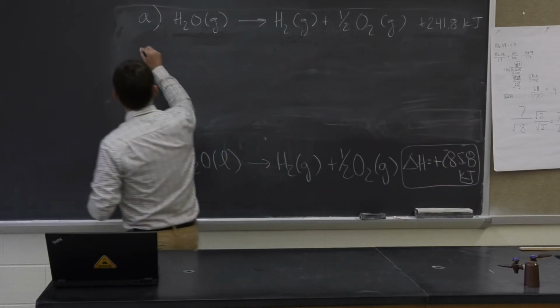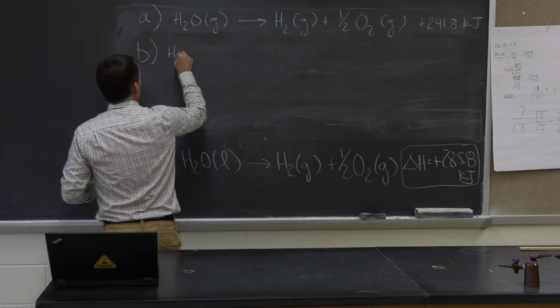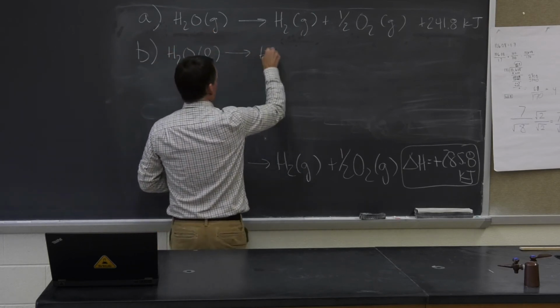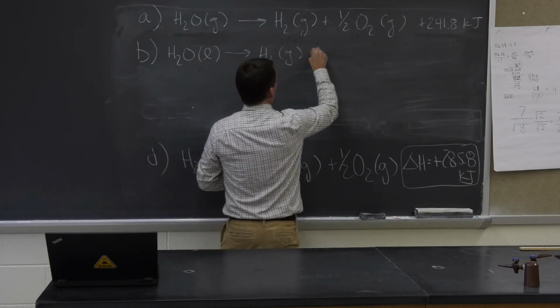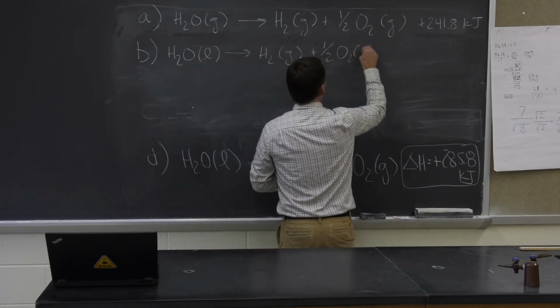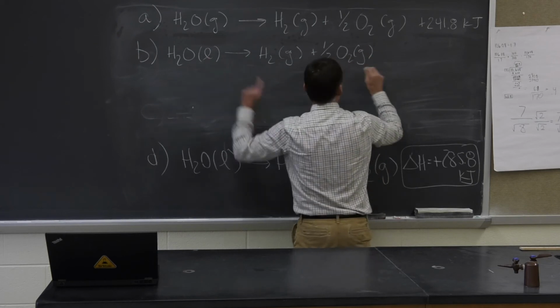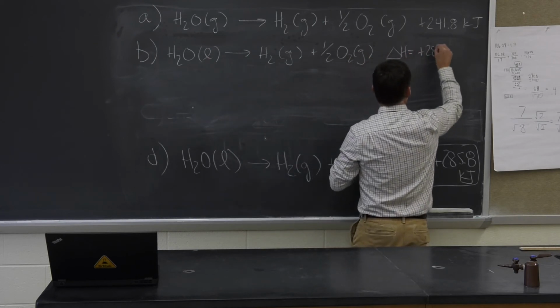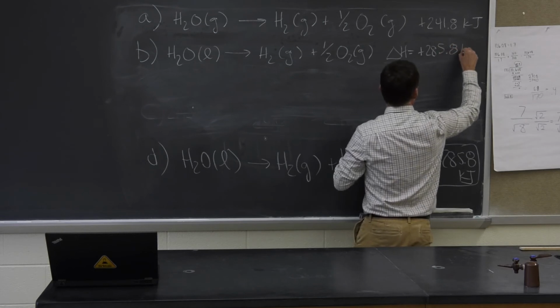So let me just write this below again. H2O liquid, those are different, goes to H2 gas plus half O2 gas. And in this case, the enthalpy change is positive 285.8 kilojoules.